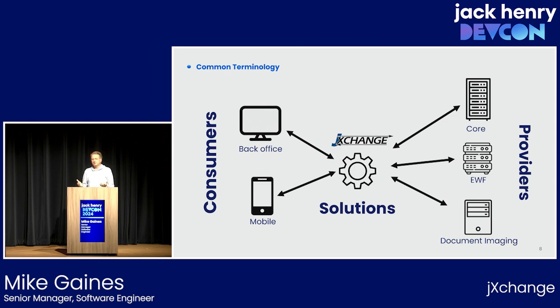A consumer, if you're calling the API, you're the consumer. The provider is who's responding. So most of the time, unless there's some error at the gateway level, that is the provider. So our cores, complementary, they're the providers of the service. You may be providing the service with your application that's integrating, but when we talk about integration with JX, these are the terms.